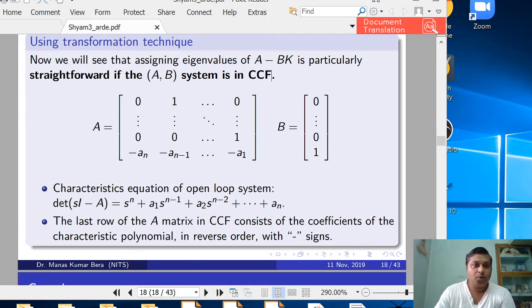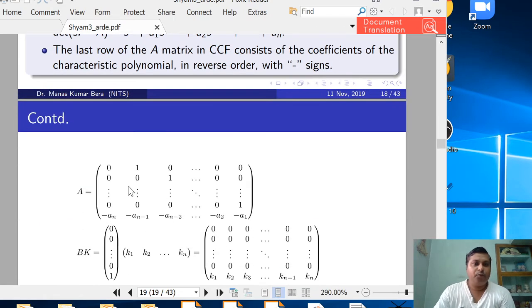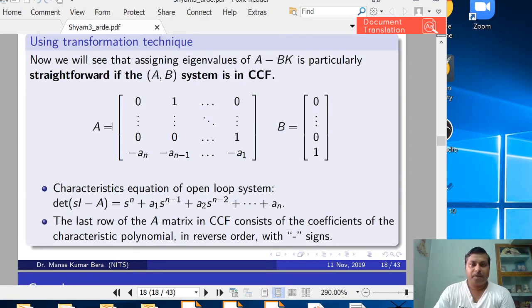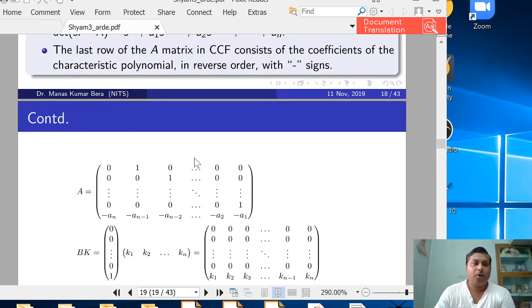The last row of the A matrix in CCF consists of the coefficients of the characteristic polynomial in reverse order with negative signs. So that is the way we can easily find the characteristic equation of the open loop system.